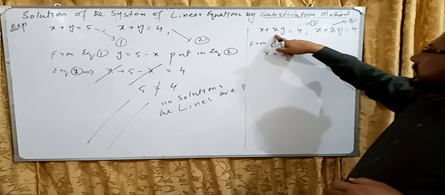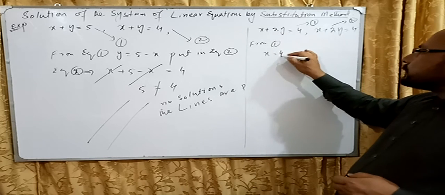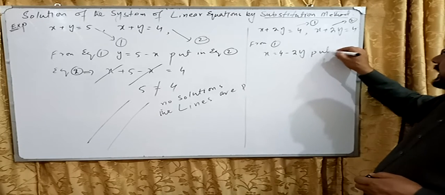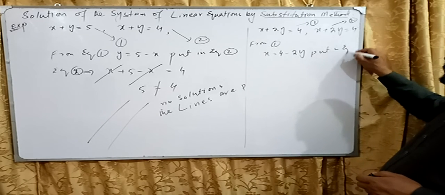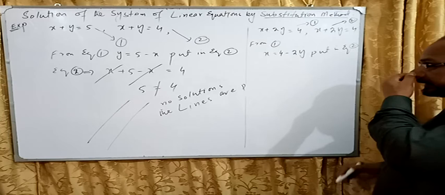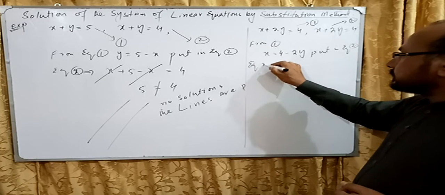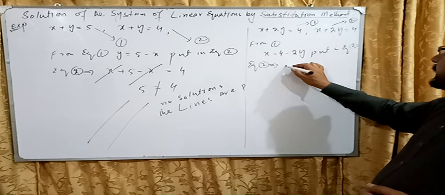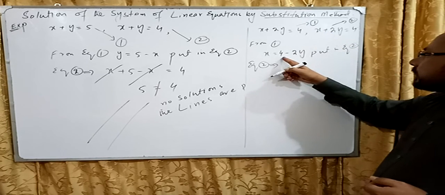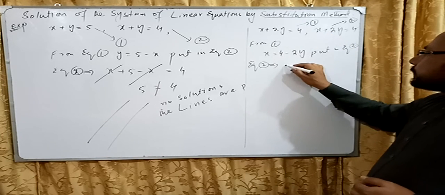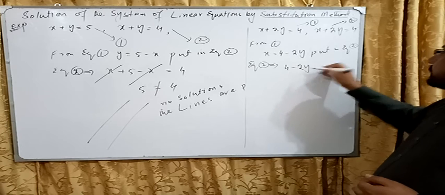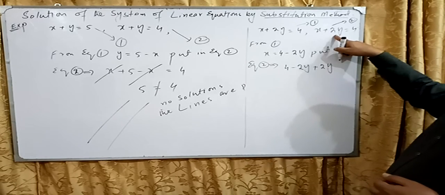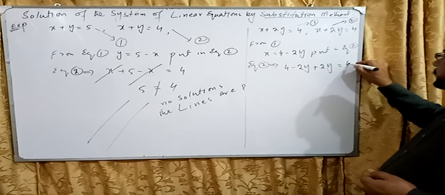From 1, x equals, if we shift 2y to the other side, 4 minus 2y. Now put this value of x in equation 2. So equation 2 will become, instead of x, put the value 4 minus 2y, and plus 2y will remain unchanged, equal to 4.